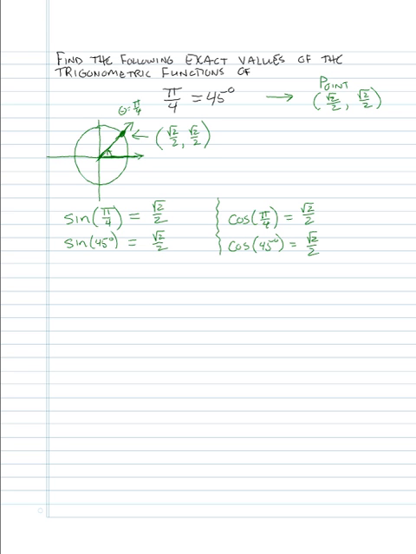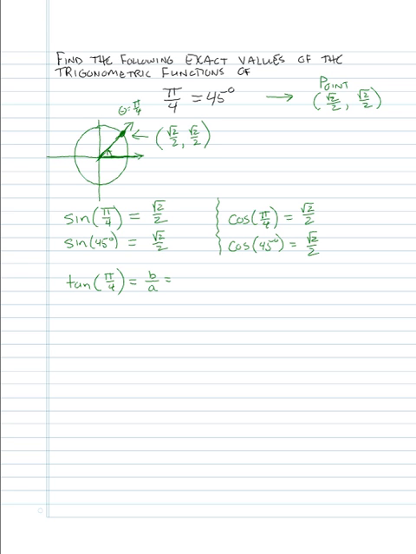Well, let's turn our attention to tangent. The tangent of pi over 4. Well, we have to have this memorized. Remember, it was the second coordinate divided by the first coordinate. That's what the tangent of pi over 4 is, of the particular point.